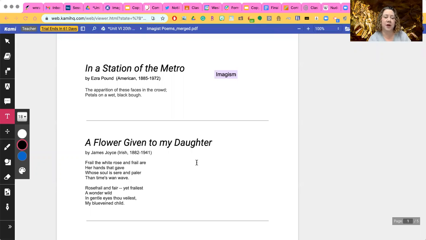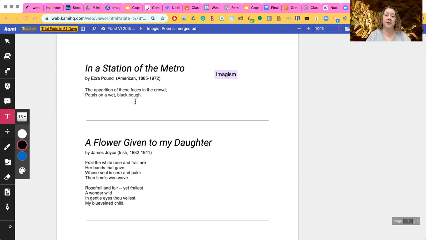All right, so the first couple here are Imagist poems, and you could see Ezra Pound was American, but he was very influential in the Imagist movement, and I wanted to show you this one. This is the most famous Imagist poem of all. It's called In a Station of the Metro. So he's at the train station, and he writes this snapshot poem, this one image.